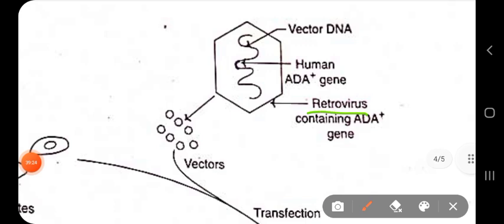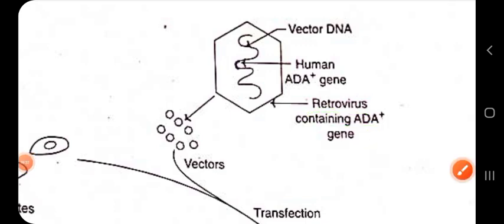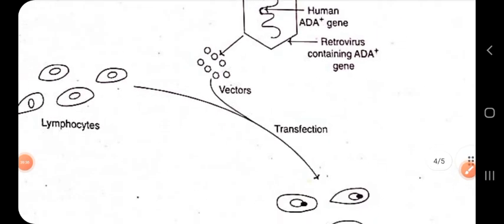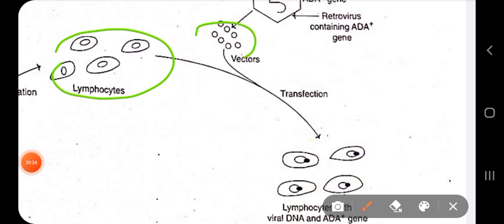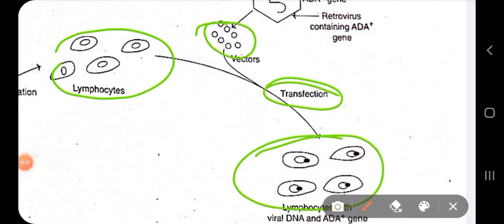Thus this retrovirus carries our desirable ADA gene. Now this virus is going to transfect, that means infect, the lymphocytes.